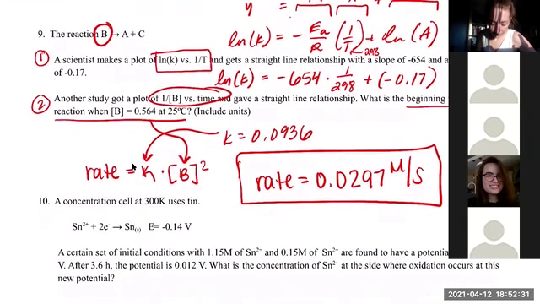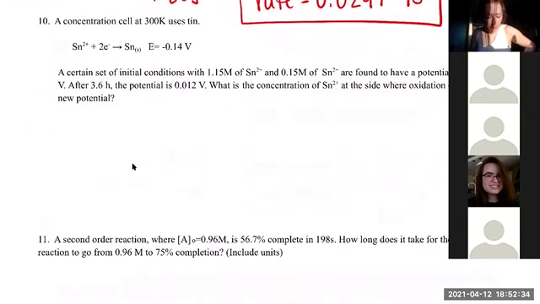Okay. For number 10, we have a concentration cell this time, and these are the initial conditions. So these are the different concentrations. We have initially this potential, but that doesn't really matter. The time is not really relevant to us either. The only thing that's relevant to us is our final cell potential and our concentrations, right?